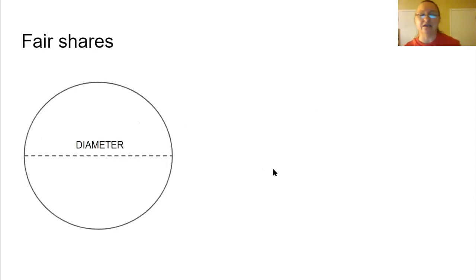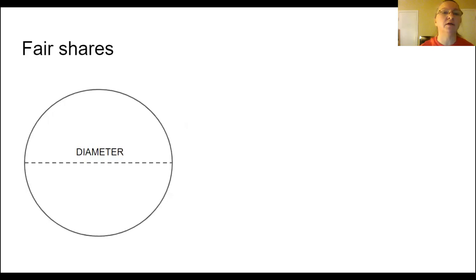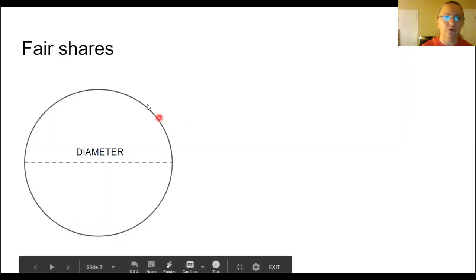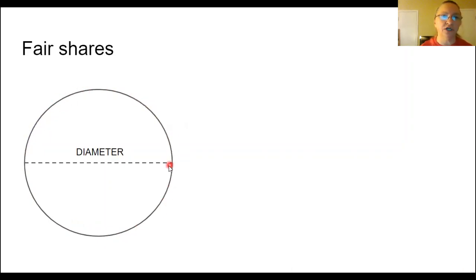So the first idea is that a circle is this outer part here. I don't know what you see and what you don't see, but this outer line here is the actual circle, which is kind of a big deal when you get into high school, when you get into geometry.